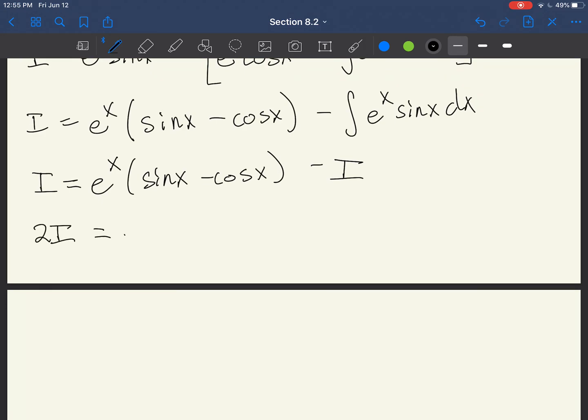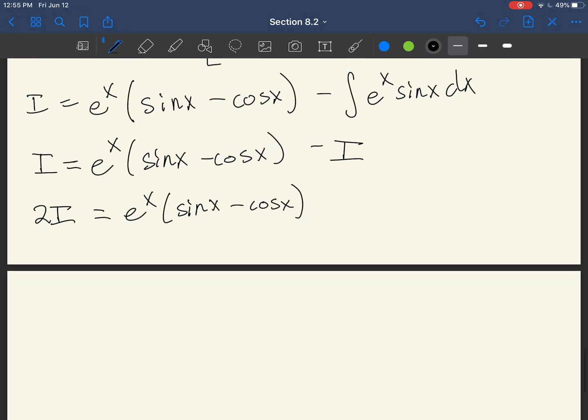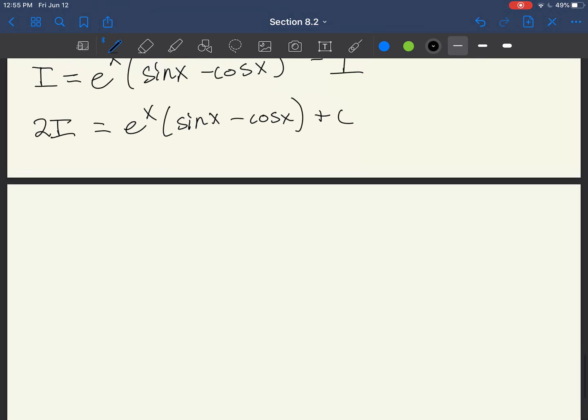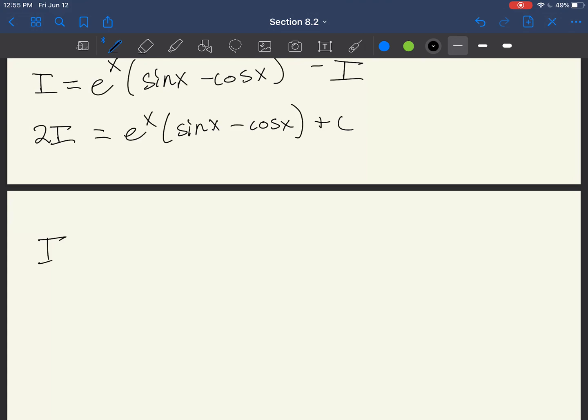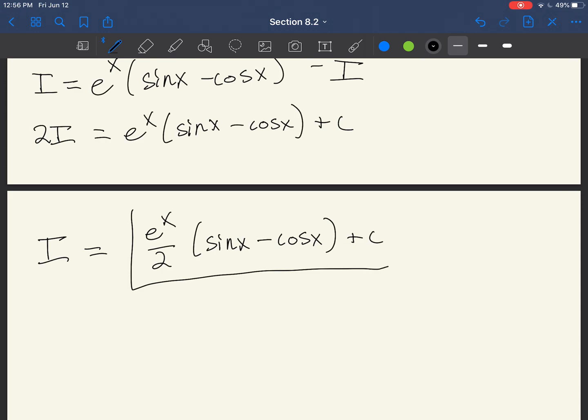Add this integral over, and you get 2I equals e to the x times sine x minus cosine x. And we'll add a plus c now at this point. And then just divide by 2. And you get that your integral equals e to the x divided by 2 times sine x minus cosine x plus c.